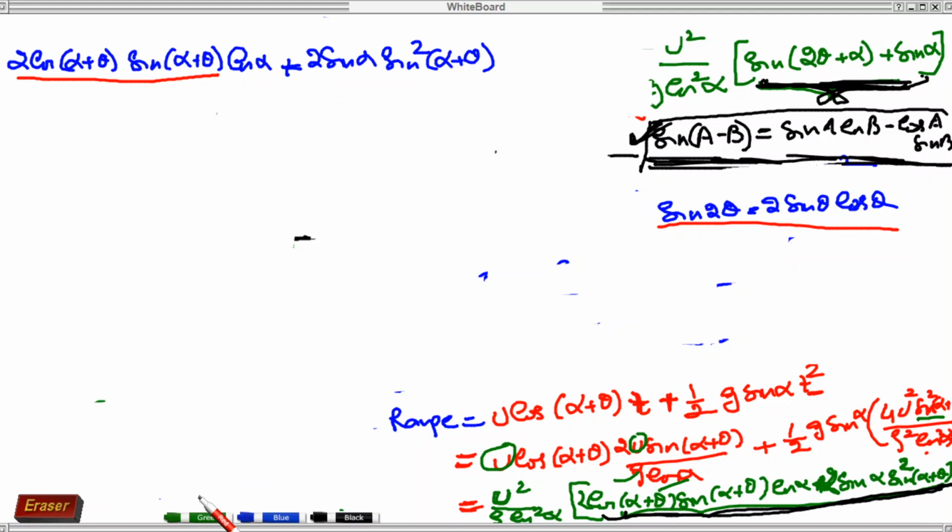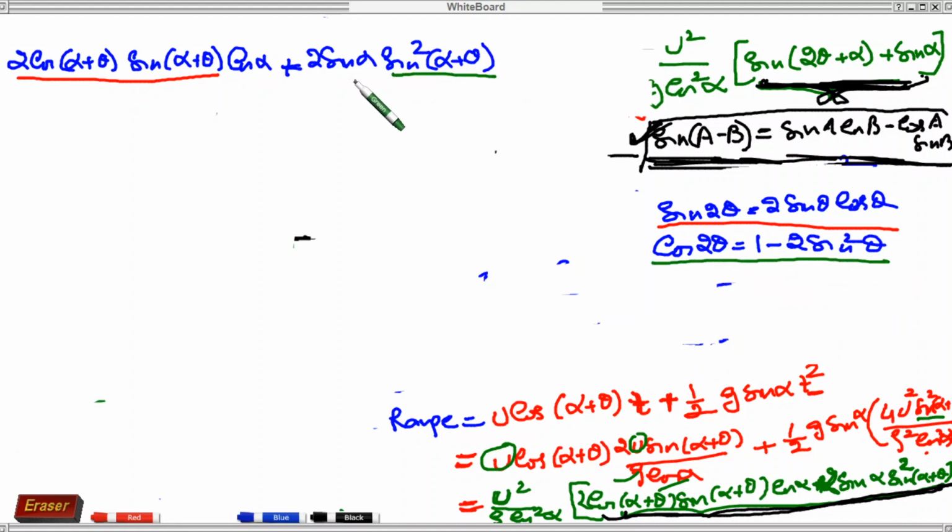Another one I told you was cos 2 theta is equal to 1 minus 2 sine square theta, and this will be implemented here. This will become 2 sine square theta is equal to 1 minus cos 2 theta. So let's arrange all these things.